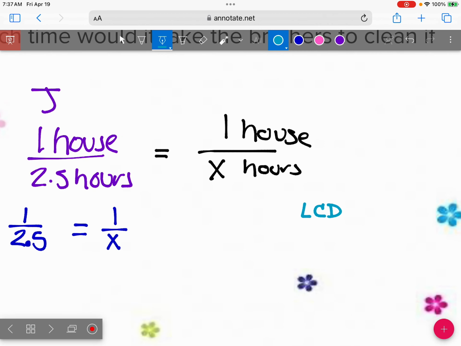What is our least common denominator going to be here? 4 times 2.5 times x, which is, I heard you have it, Levi, there, 10x.